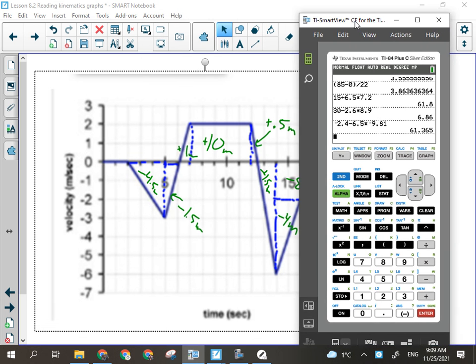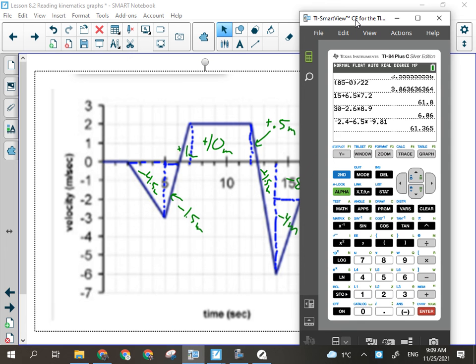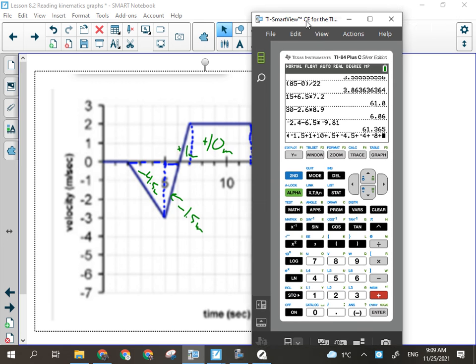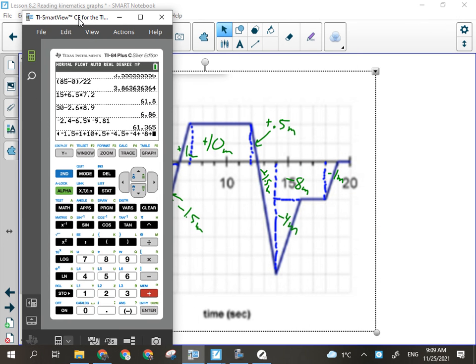So, -4.5 plus -1.5 plus 1 plus 10 plus 0.5 plus -4.5 plus -4 plus -8 plus -1.